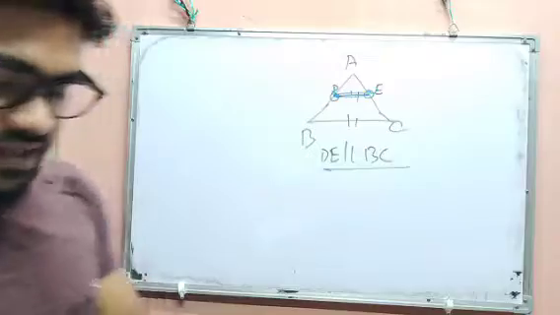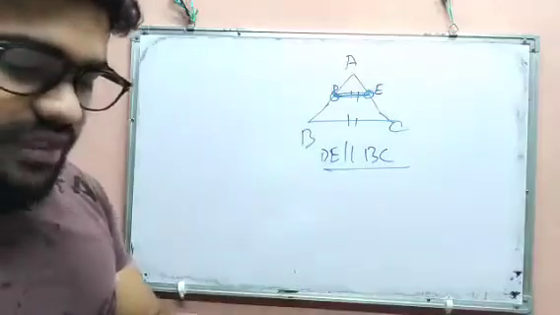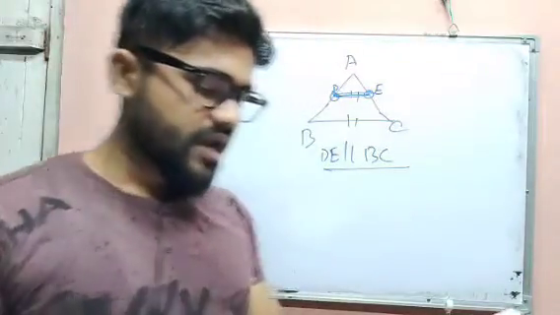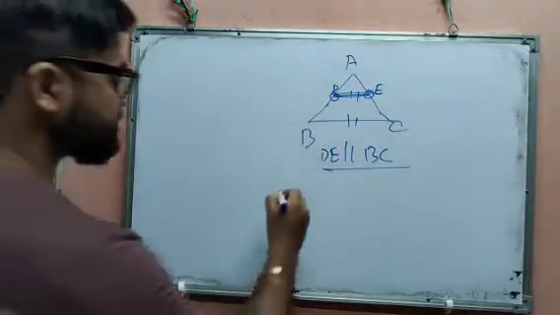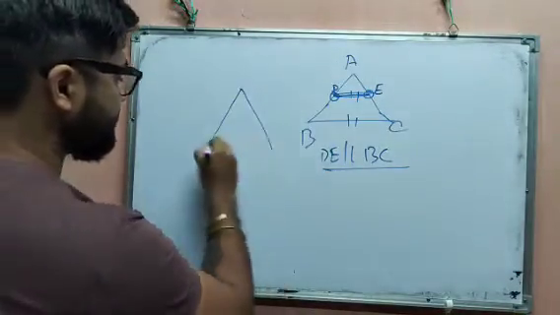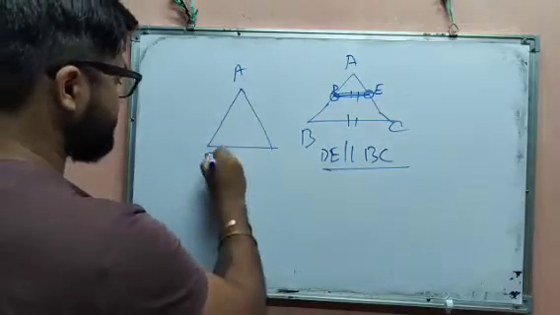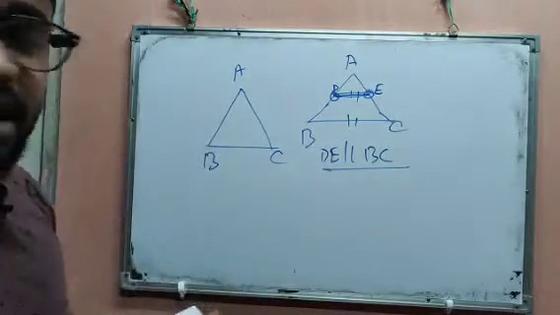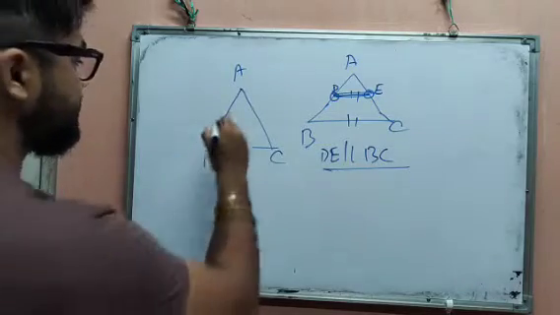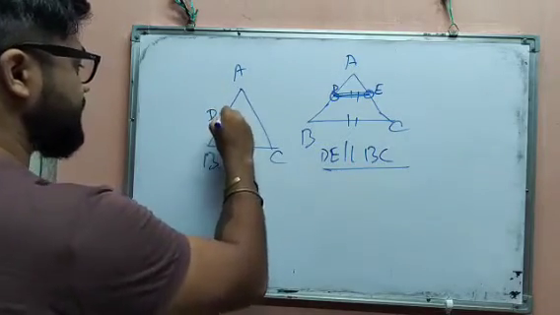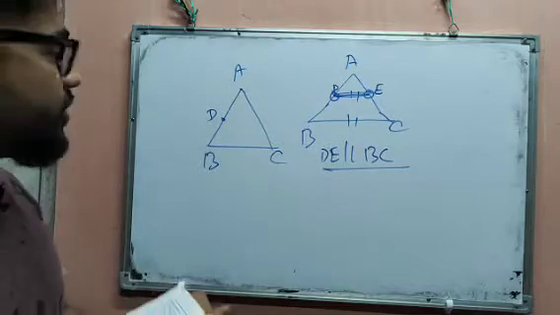Again, what is given? The line drawn through the midpoint of one side of a triangle parallel to another side bisects the third side. Consider a triangle ABC, and suppose D is a point here, the midpoint of AB.